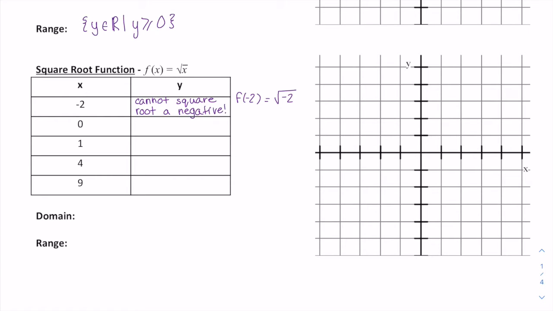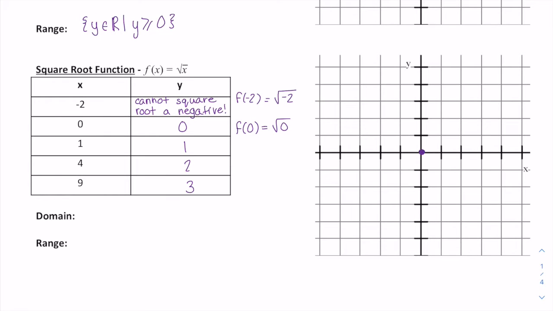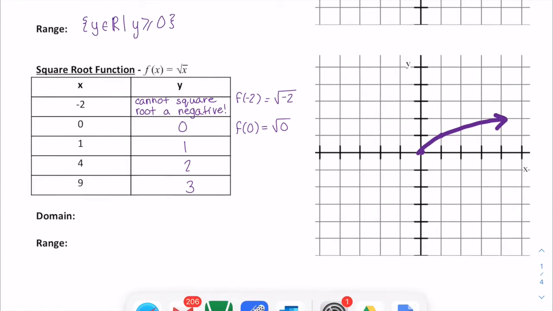So now you're just going to continue with the other ones. f(0) is root 0. So we have 0, 1, 2, 3. Now we can just graph that. We have a graph that looks like this, and now we can check it on Desmos.